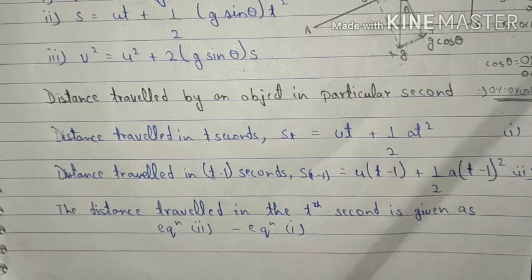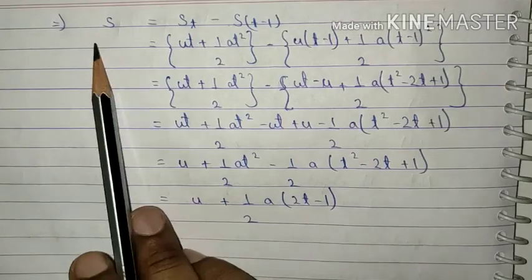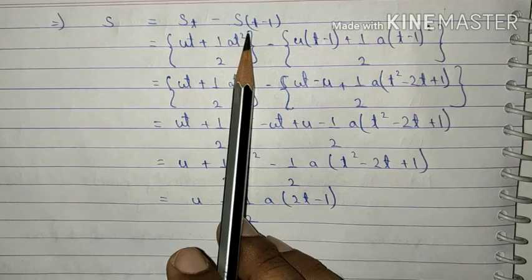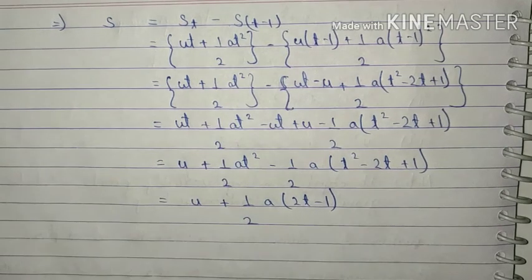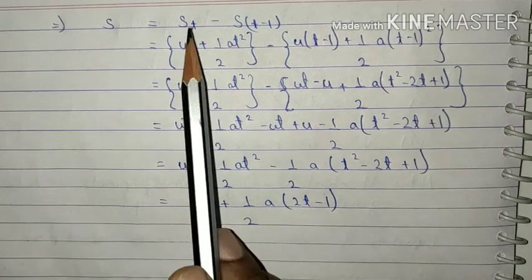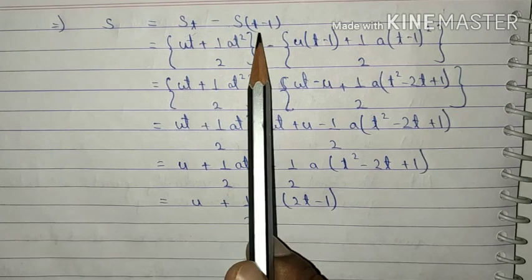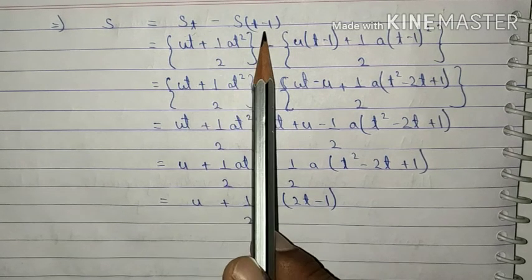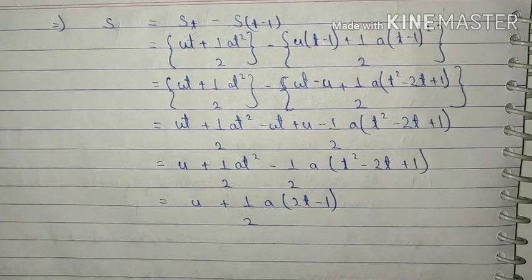Now, because we have to calculate the distance traveled in the tth second, we can do it by subtracting the second equation from the first equation. S is equal to st minus st minus 1, that is the distance traveled in t seconds minus the distance traveled in t minus 1 seconds.